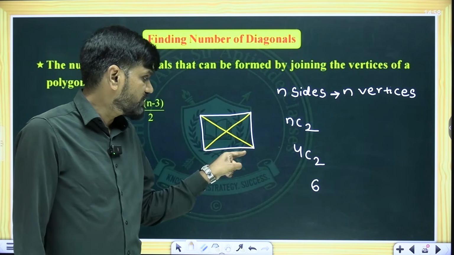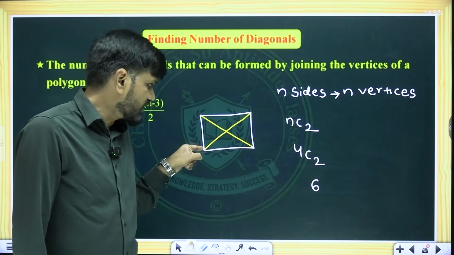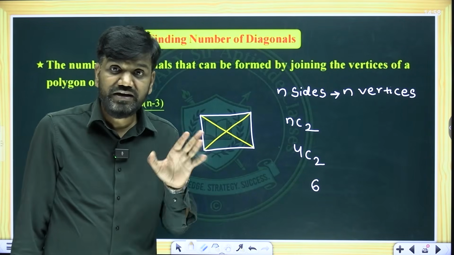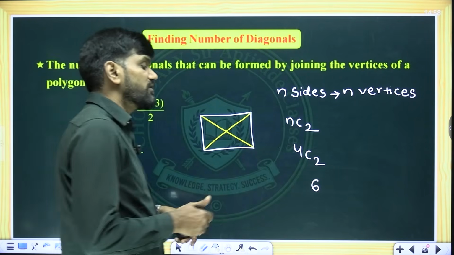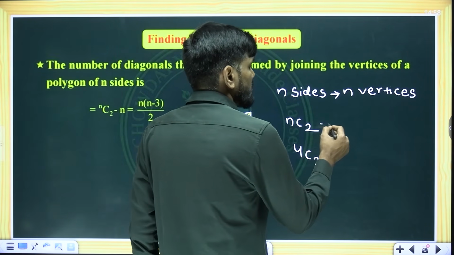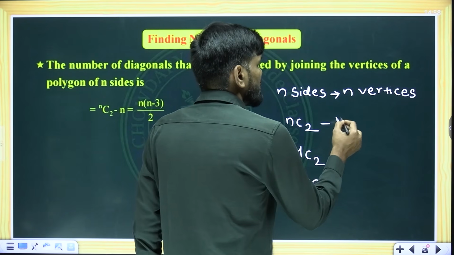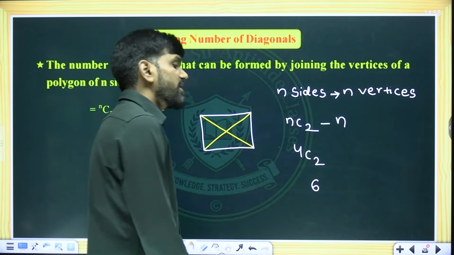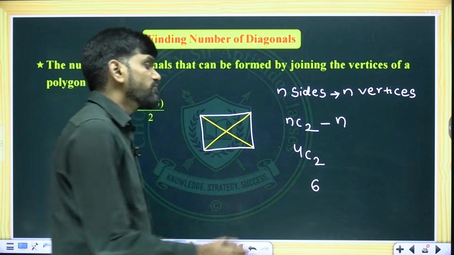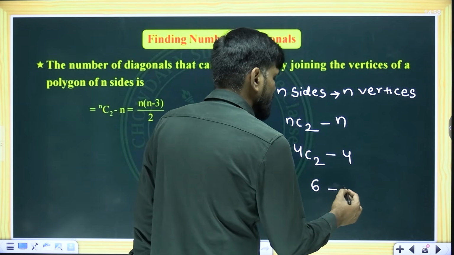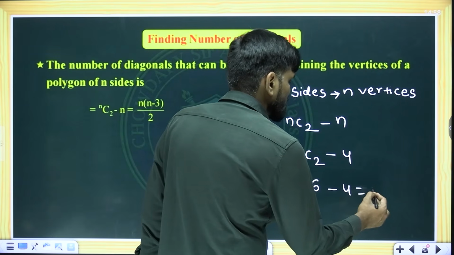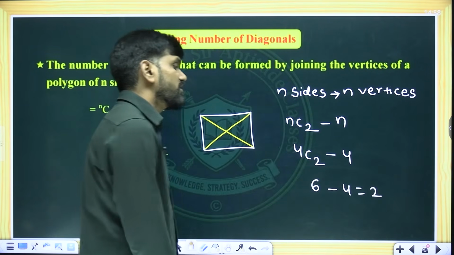I have also included the sides into diagonals. But sides are not diagonals. So, whatever I have counted over here, sides are also counted into diagonals. As there are n sides, that n sides must be removed from the diagonal count. So, from 4C2 remove 4, that will give you the actual number of diagonals in it. So, I can say that the number of diagonals in a quadrilateral is what?